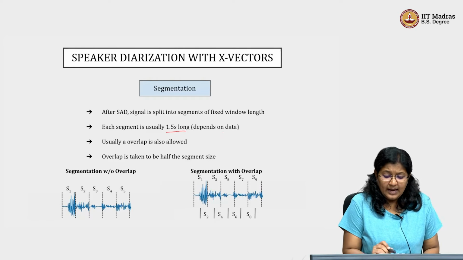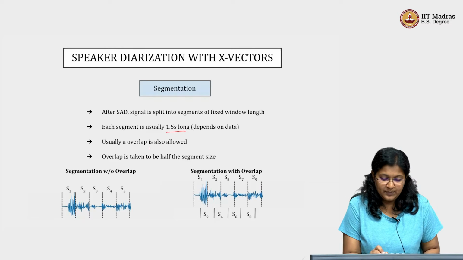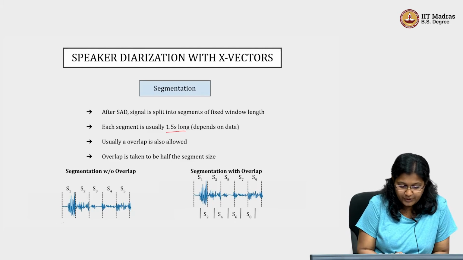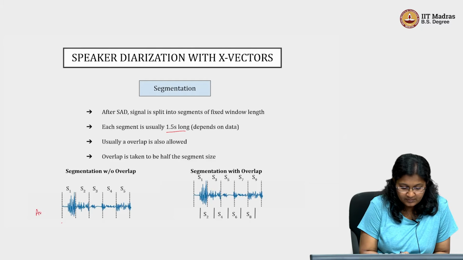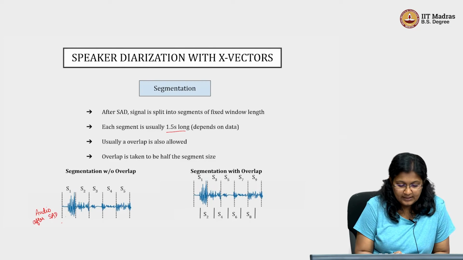And some overlap is also allowed. So how the overlap is taken is that, if this is my audio after SAD, these are going to be equal length segments, which are 1.5 seconds long.